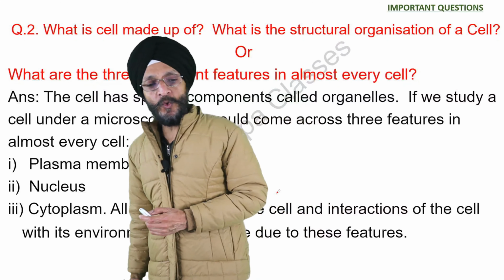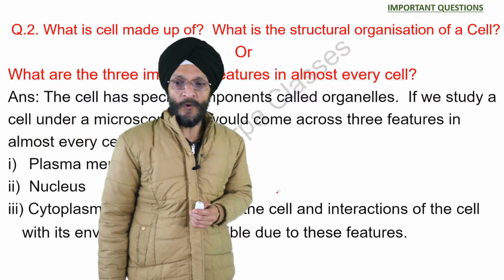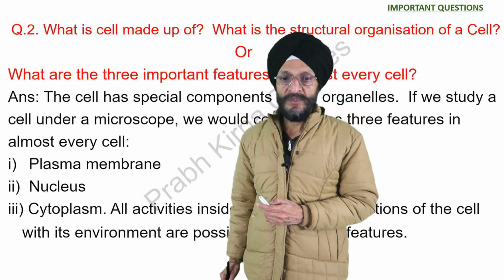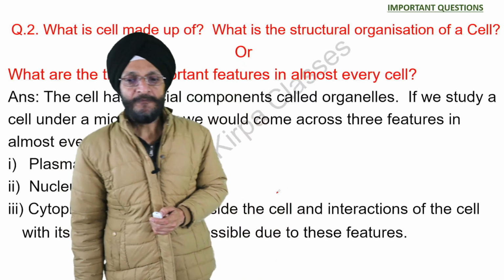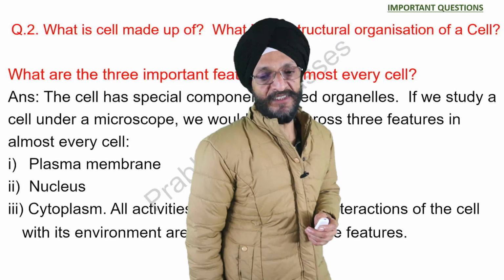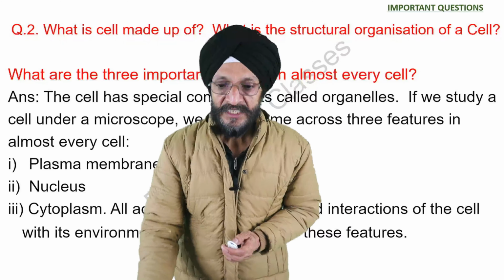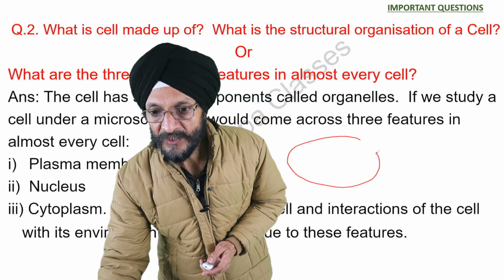Now the question number 2 before us is, what is a cell made up of? What is the structural organization of a cell? Or what are the three important features in almost every cell? So the cell has special components known as organelles.